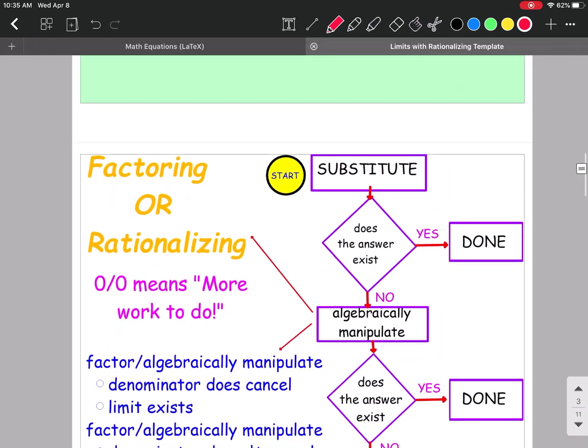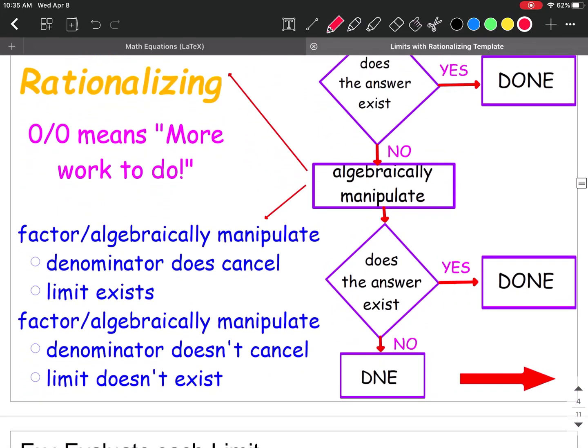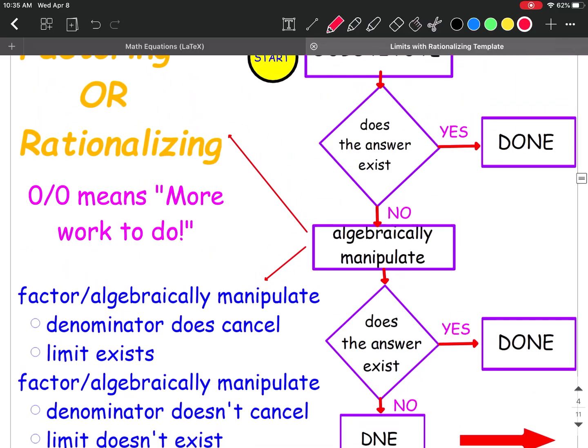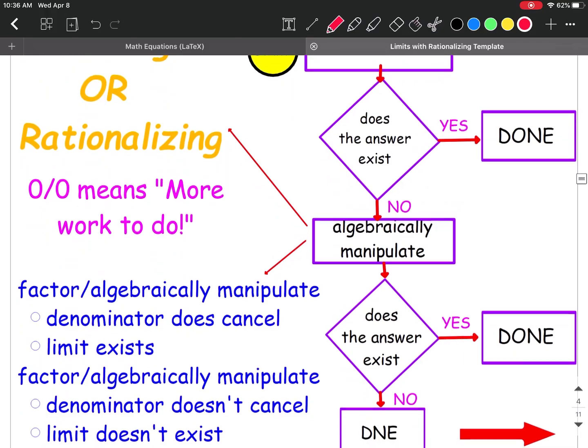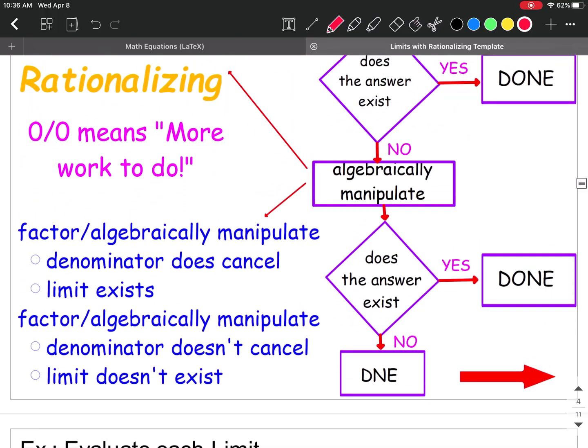You might remember this flowchart from last week. We looked at how to start. When you substitute, does the answer exist? Yes, then you're done. If the answer doesn't exist, then no, you're going to algebraically manipulate. That means you either factor algebraically and simplify and reduce.